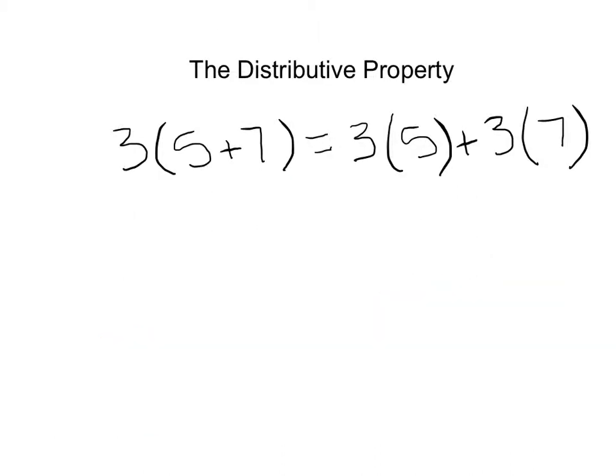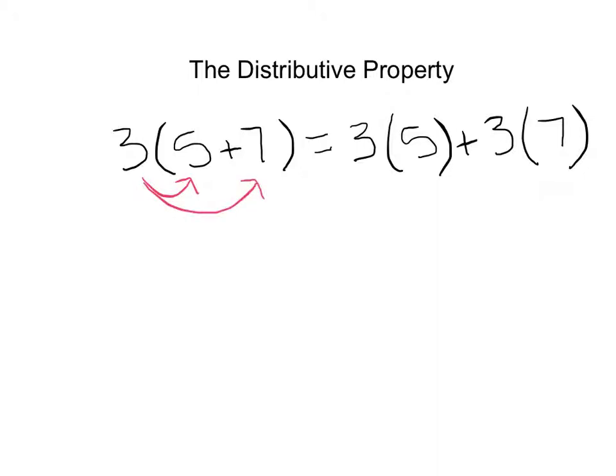Now in math we like to have big definitions for everything, so the distributive property actually has a nice little definition. The distributive property is what made that statement on the previous slide true. It says that 3 times the quantity 5 plus 7 is the same as 3 times 5 plus 3 times 7. So you can see I like to use arrows. We did 3 times 5, and then we did 3 times 7.